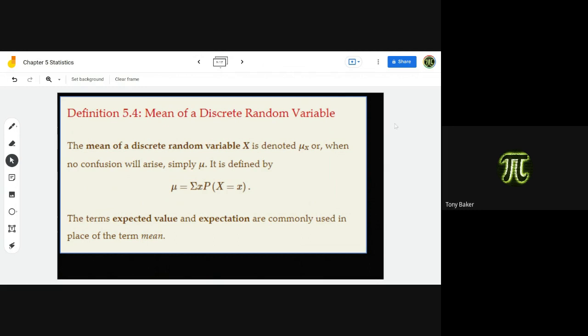So the mean, so that little E symbol, everybody remember what that means? Yes, that is summation. Okay. That is the sum of X times the probability that it would occur. Both of these things can be gotten from our table.